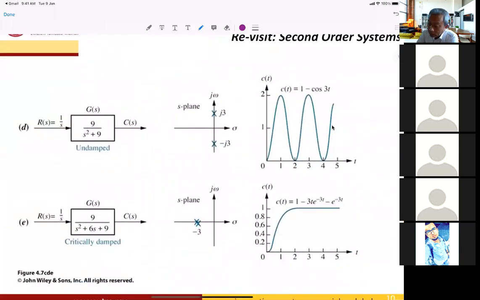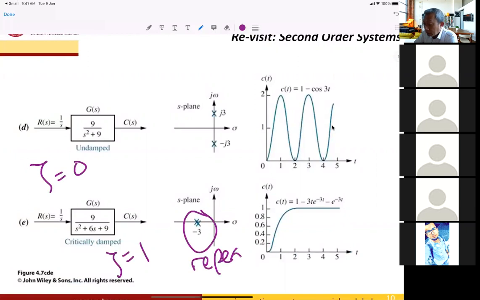Undamped is where zeta is equal to 0, where the poles are located on the imaginary axis, as shown here, plus minus j3. Critically damped is where zeta is equal to 1, and it will give you a repeated pole at minus 3.